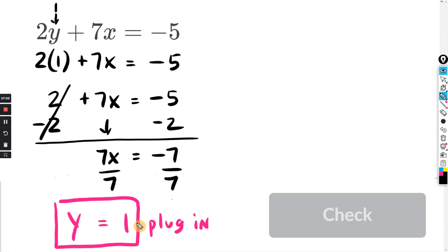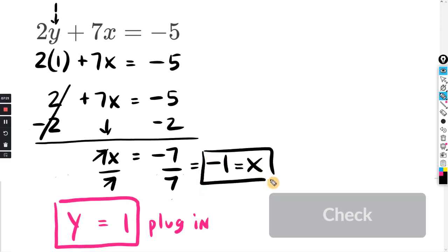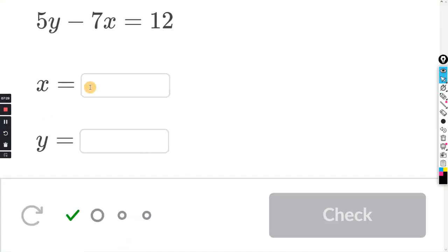We do that to both sides, and the 7's cancel. Negative 7 divided by 7 is negative 1, and that equals x. So that's it. Negative 1 and positive 1 right in the box. So x equals negative 1 and y equals positive 1.